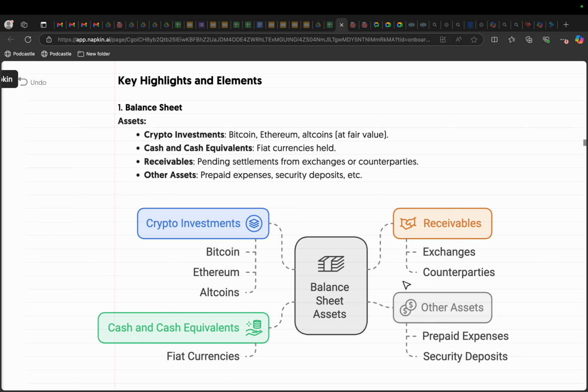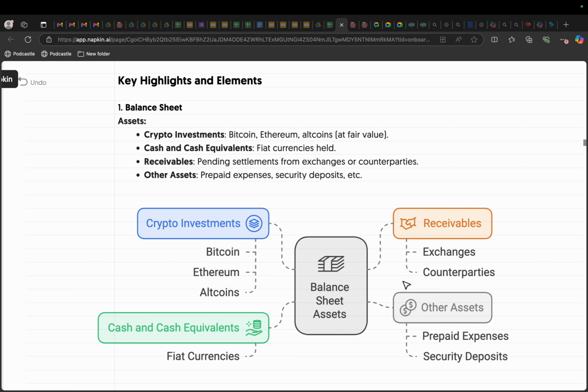Now, how does the balance sheet look? On the asset side, you can see crypto investments, where fund accountants will record the crypto investments. It could be Bitcoin, Ethereum, altcoins, or lots of other coins.